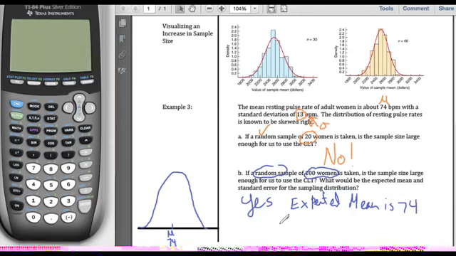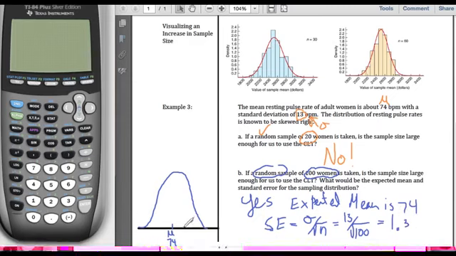We just learned how to calculate the standard error in the previous video. The standard error is sigma over the square root of n. Sigma from the problem is 13 over the square root of 100, since that was our sample size. That's 13 over 10, which is 1.3.